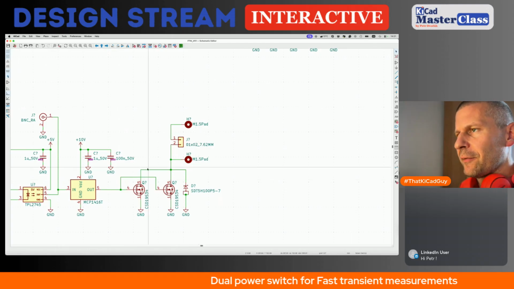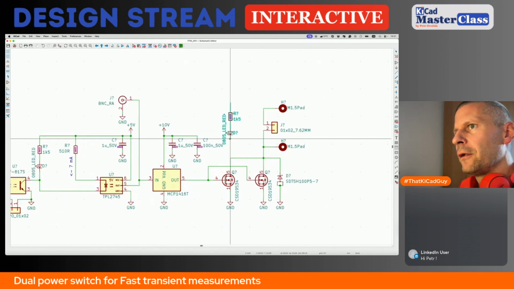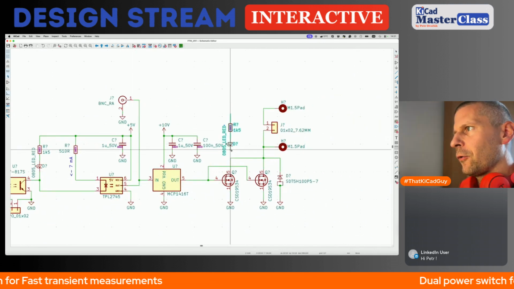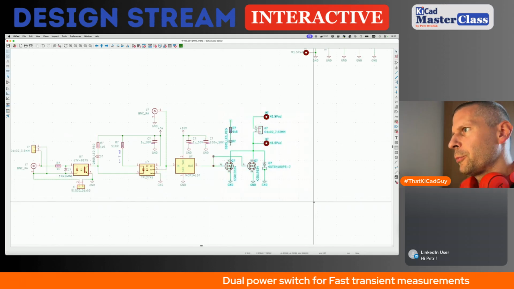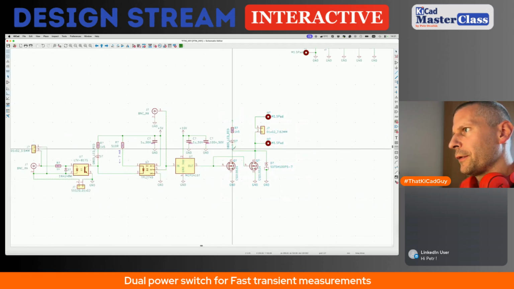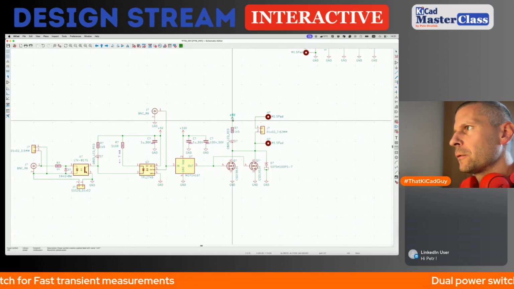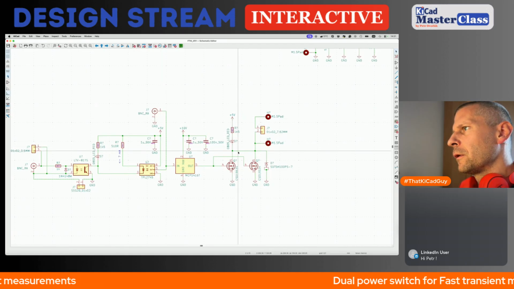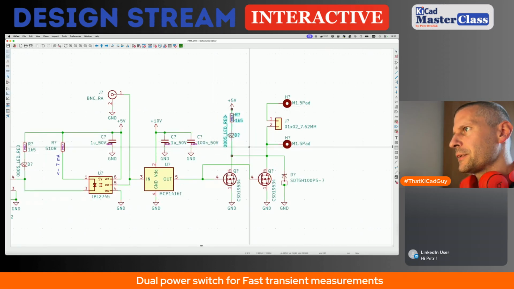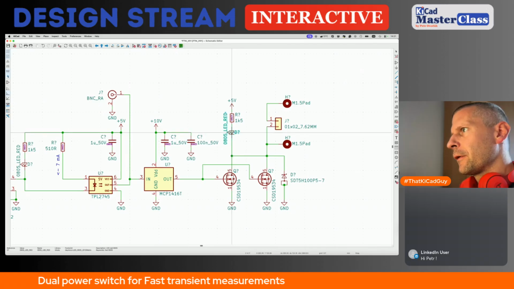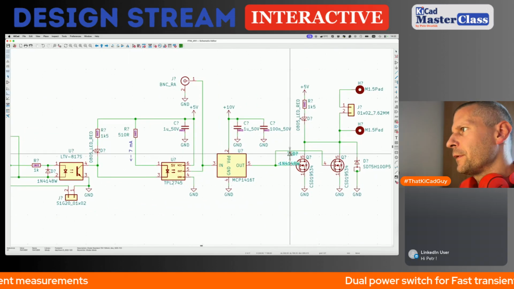And as I said, we need an optical check of the output. So when the MOSFET is switched, I have to place the serial diode here.